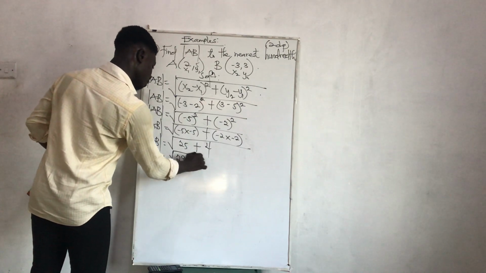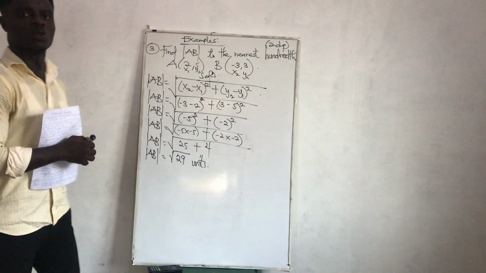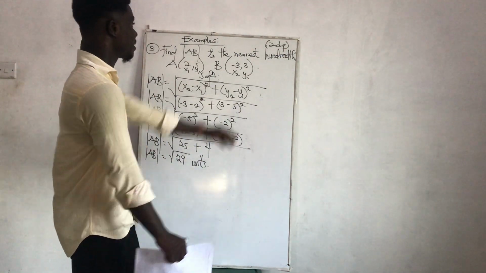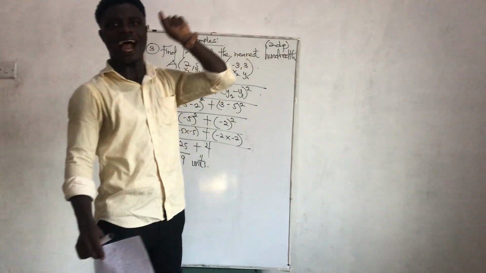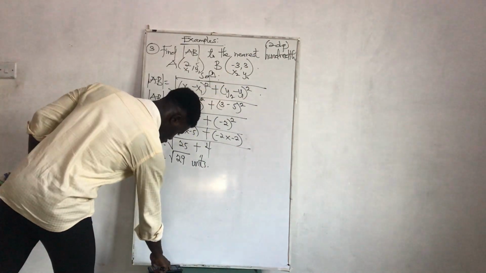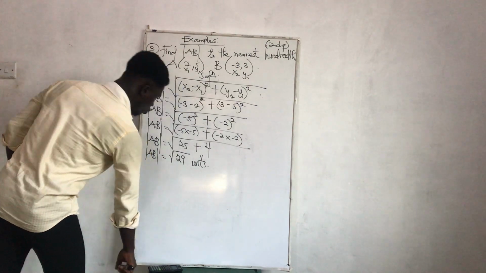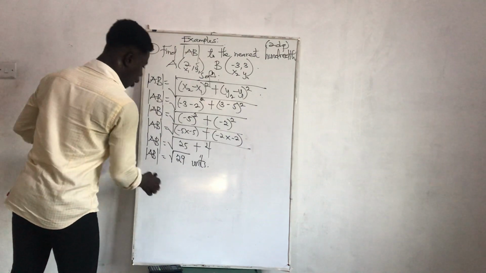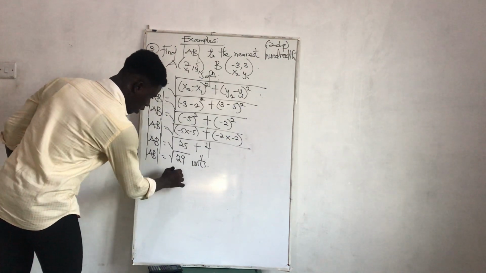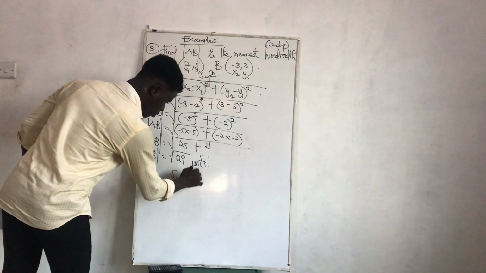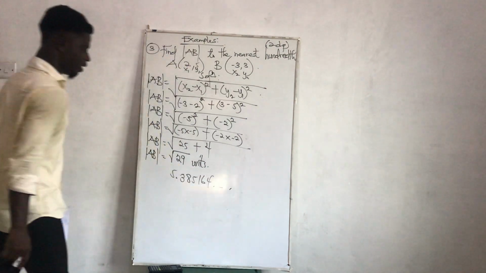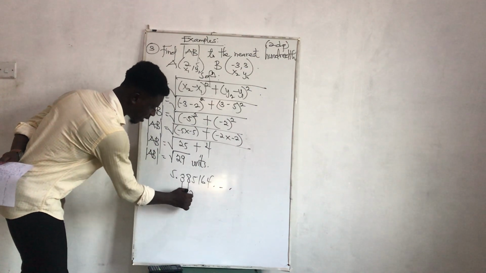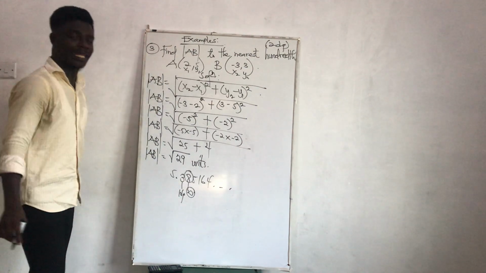Which is the square root of 29 units. But this time around, you have to leave your answer in decimal places. Then you round it to the nearest hundredth. So the square root of 29 gives us 5.385164, then it continues. So now we have the first decimal place, then the second decimal place, which falls under 8.